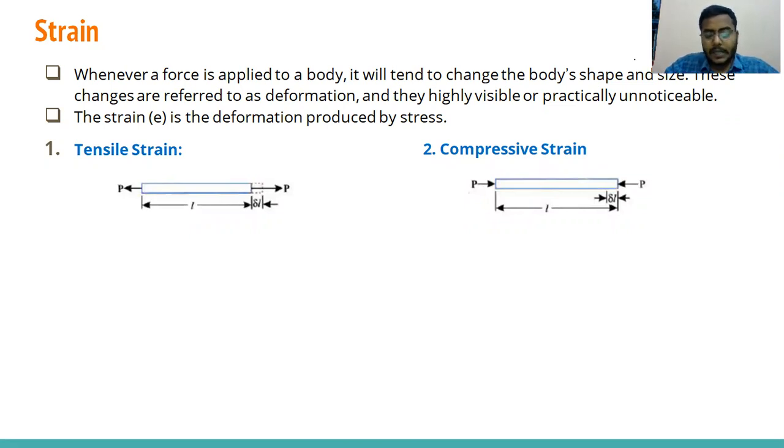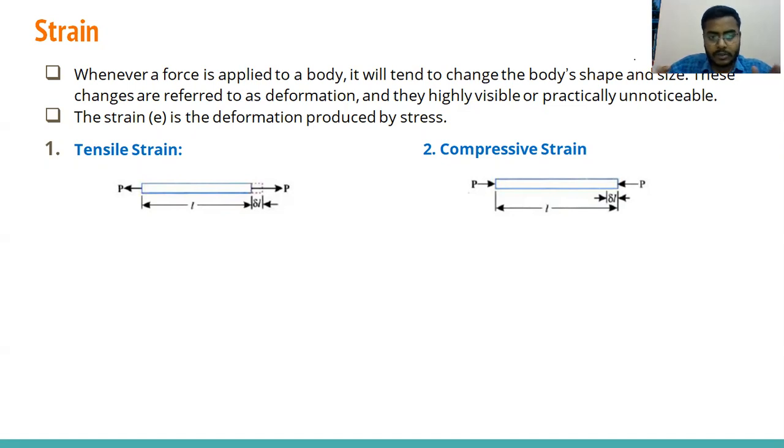When we apply a pulling force on a bar, you will see that the length of the bar increases and the diameter of the bar decreases. This is called deformation.